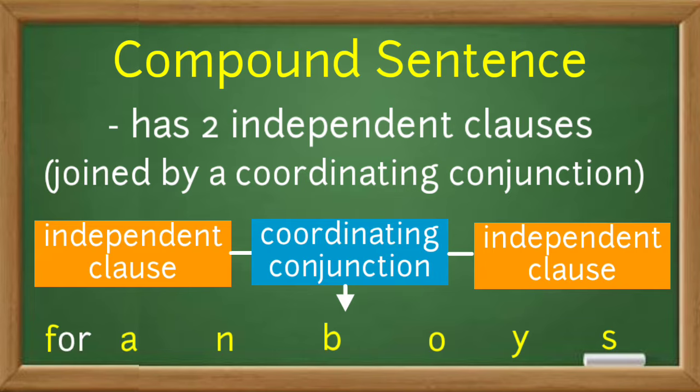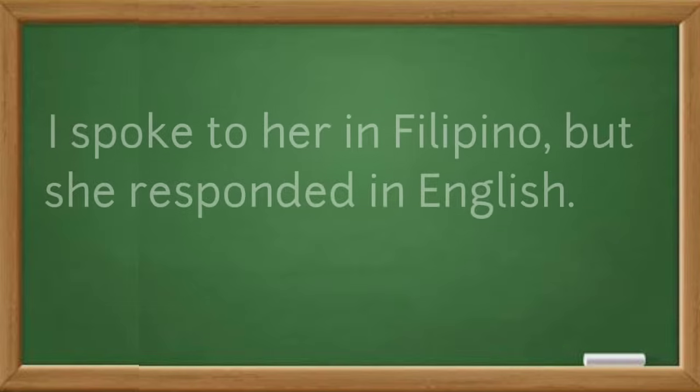F for, A for and, N for nor, B for but, O for or, Y for yet, and S for so. Remember the word fanboys. Let us have an example.